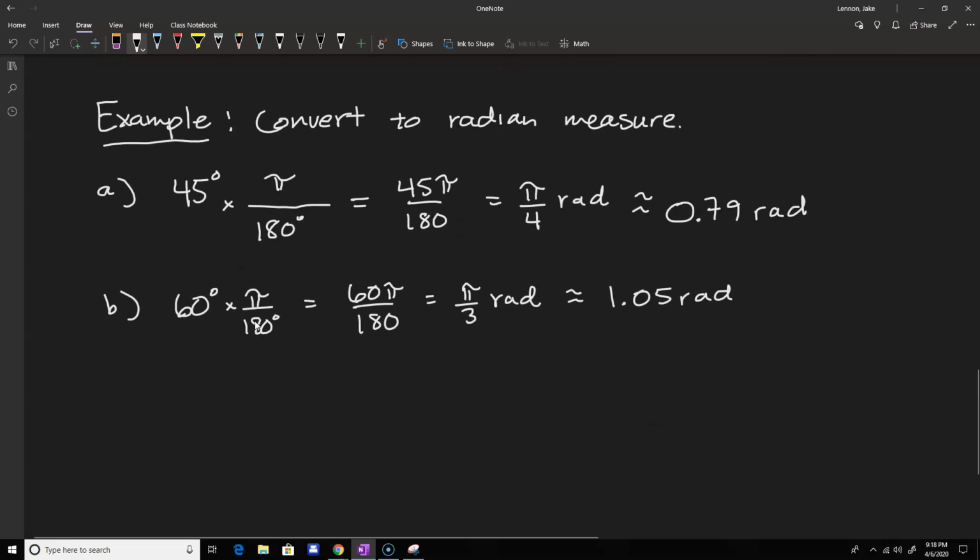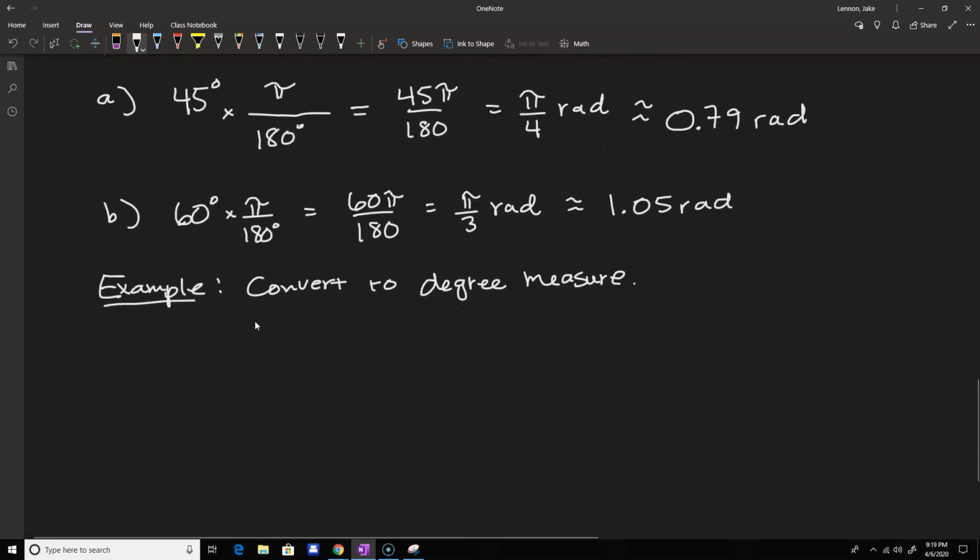And let's go the other way. Let's say, for example, we want to convert to degree measure. Well, we had that definition based on the arc length of the radius. So maybe an interesting question is, how much is 1 radian?